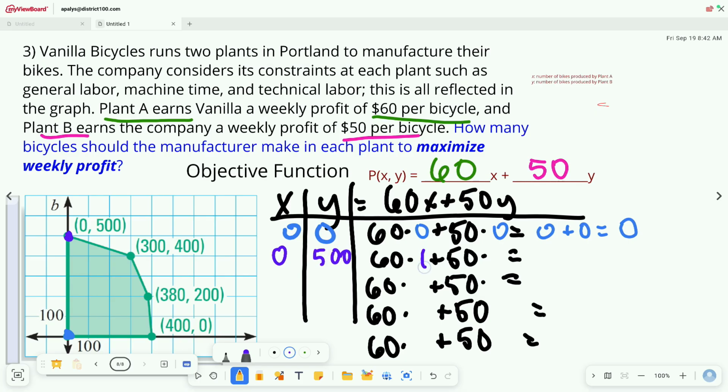Plant A makes 0 bikes, plant B makes 500. So we've got 0 plus 25,000. That's a pretty good profit. 25,000.